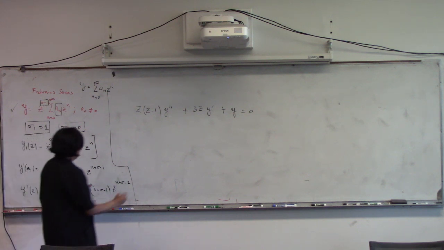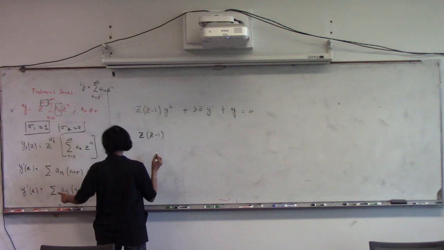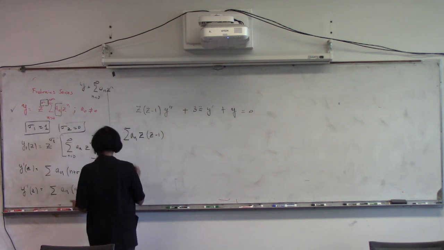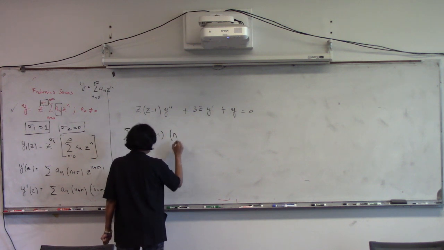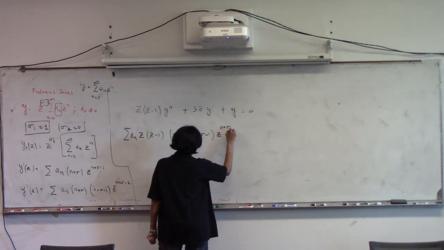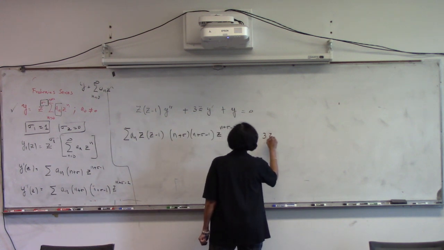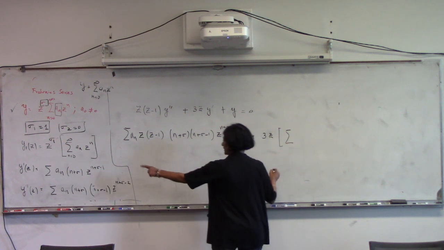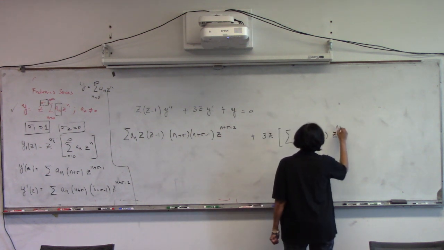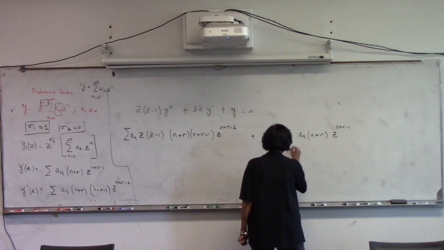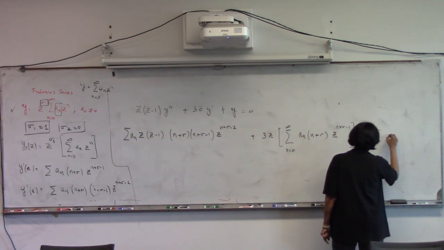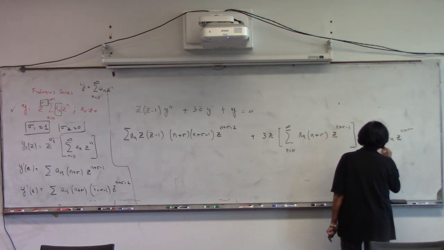Okay, so we have z times z minus 1 y double prime, where y double prime is the sum of a sub n, n plus sigma times n plus sigma minus 1, z to the power n plus sigma minus 2, plus 3z y prime, that is a sub n, n plus sigma, z to the power n plus sigma minus 1, n going from 0 to infinity, plus y, a sub n z to the power n plus sigma, equal to 0.